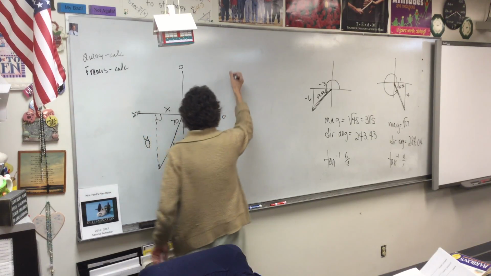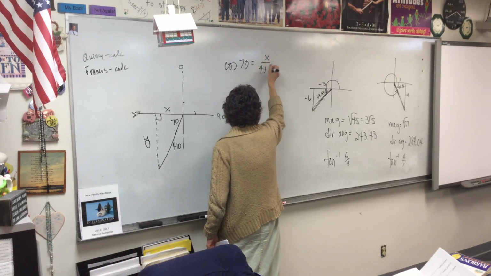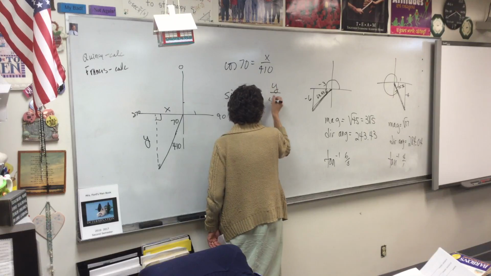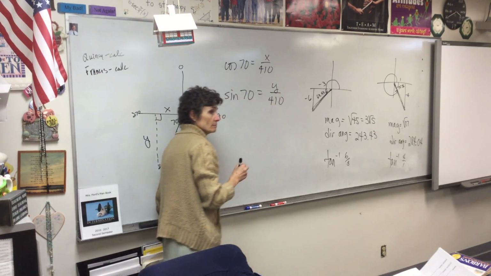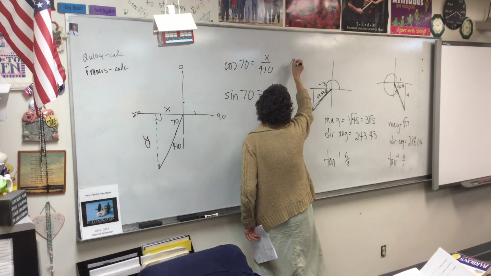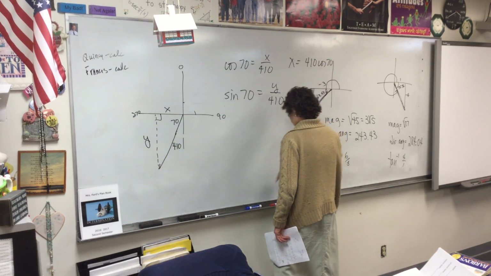We're going to say cosine 70 equals x over 410. And sine 70 equals y over 410. So x equals 410 cosine 70.